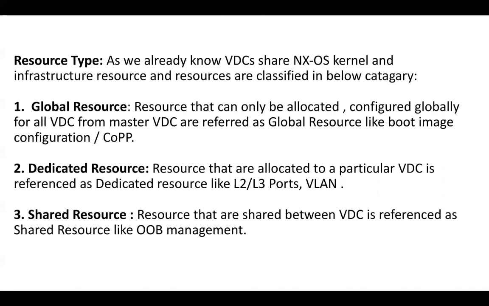I mean to say dedicated to that particular VDC. We have shared resources as well, like out-of-band management. We have global resources as well, like boot image configuration, scope. Okay.